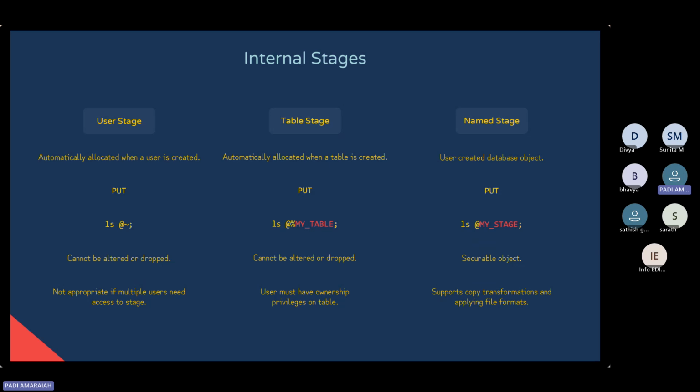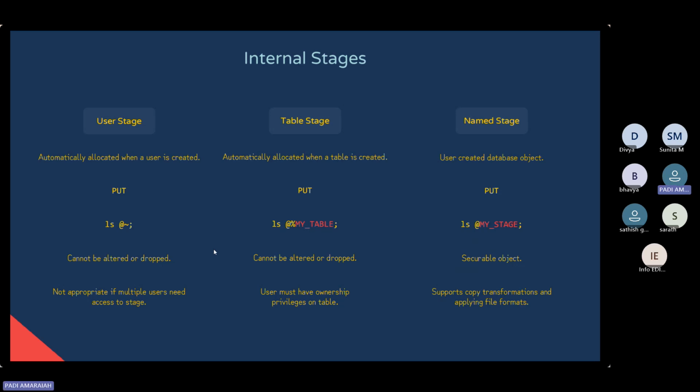Internal stage is mainly of three types: user stage, table stage, and named stages. The user stage is created automatically whenever a particular user is created. Let's say on our current Snowflake account I am one user.